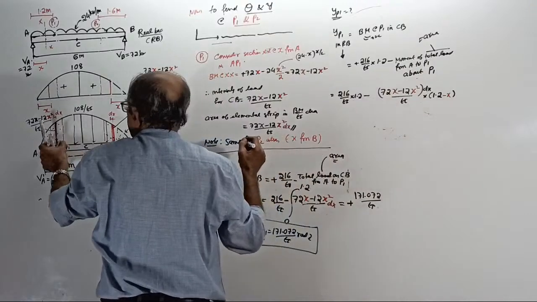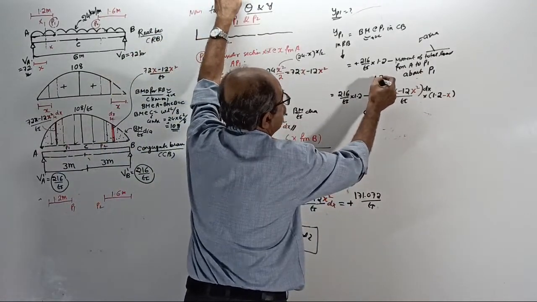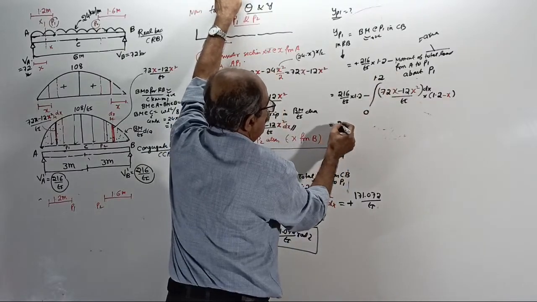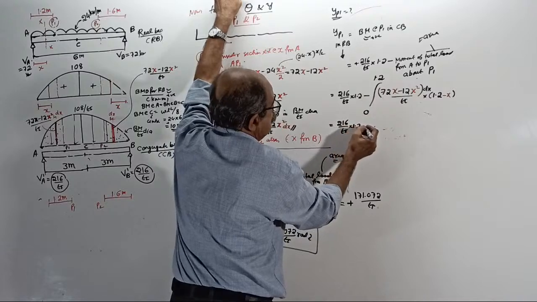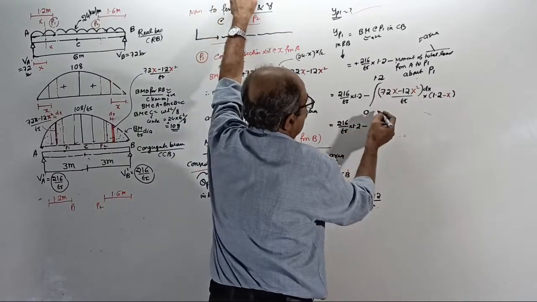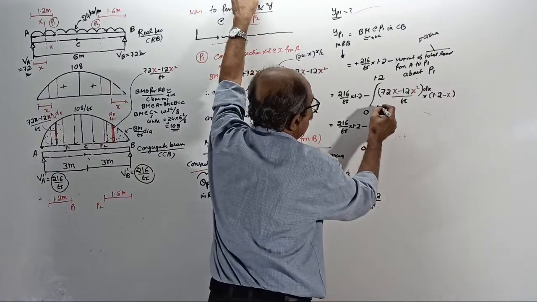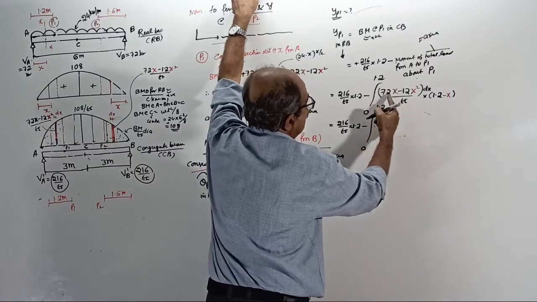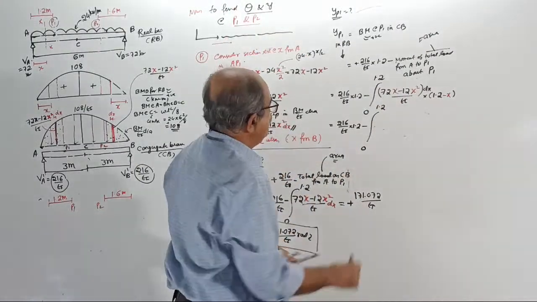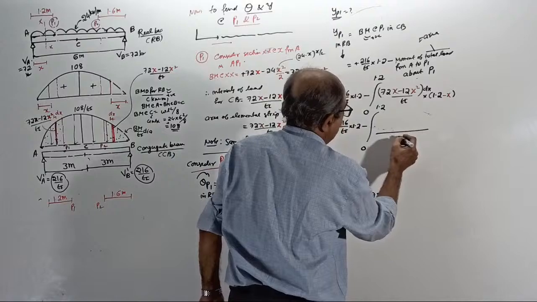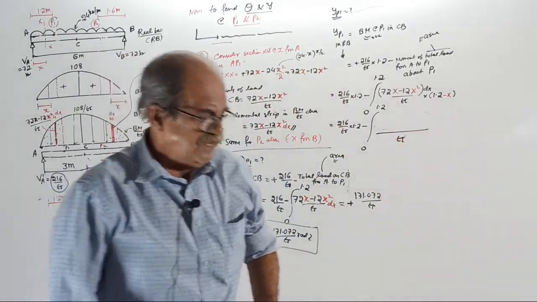But you want total area, so integrate from 0 to 1.2, equal to 216 by EI into 1.2 minus this. You can do one thing now, integration 0 to 1.2 of what? 72 into 1.2. I should do it now. Do you want me to struggle all these things?